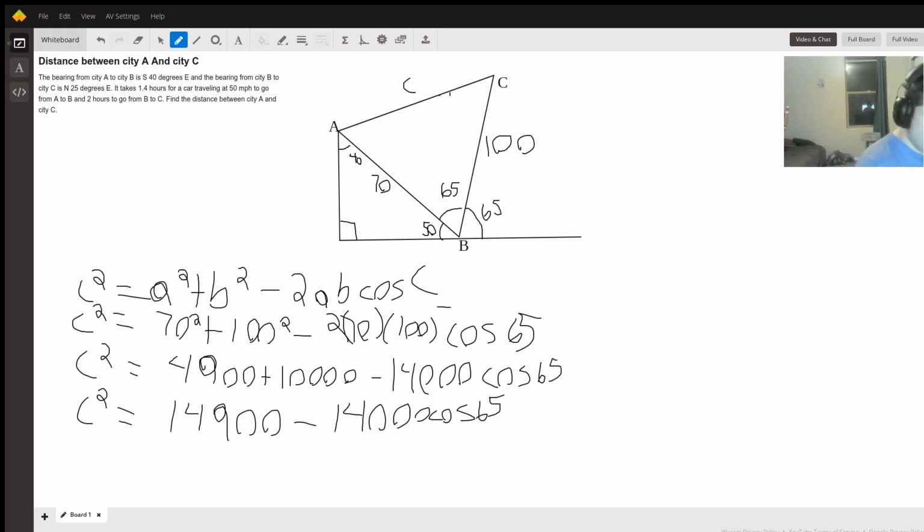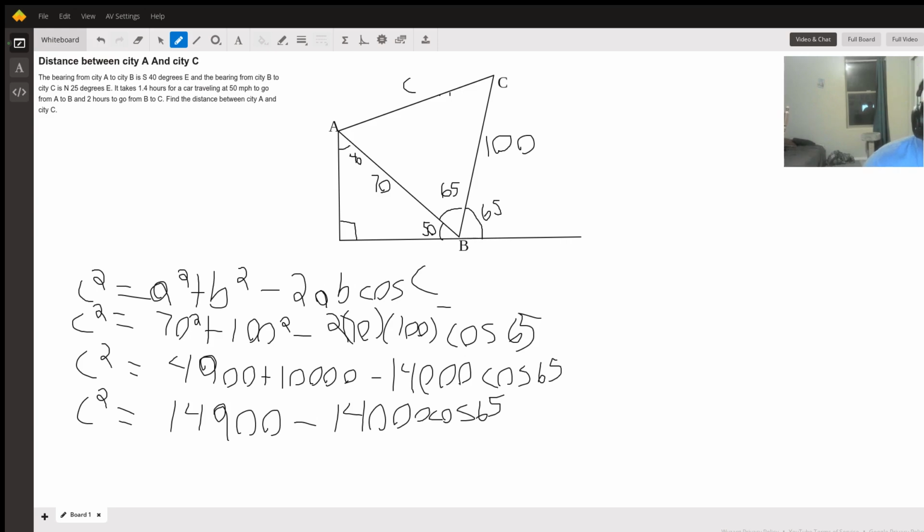So we get the square root of 14,900 minus 14,000 cosine of 65.